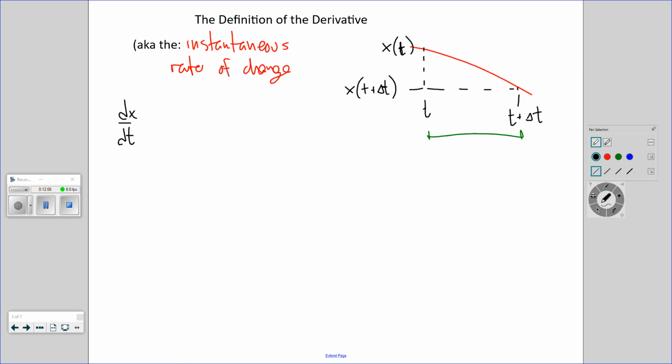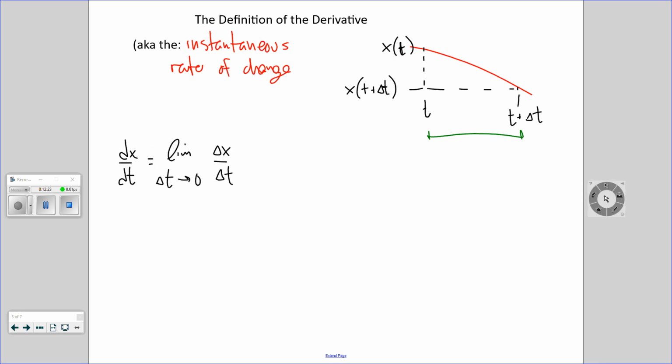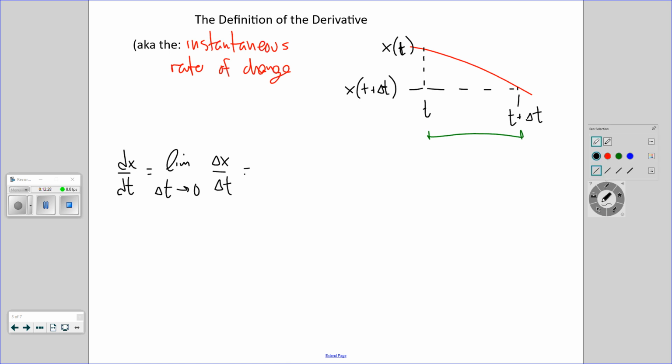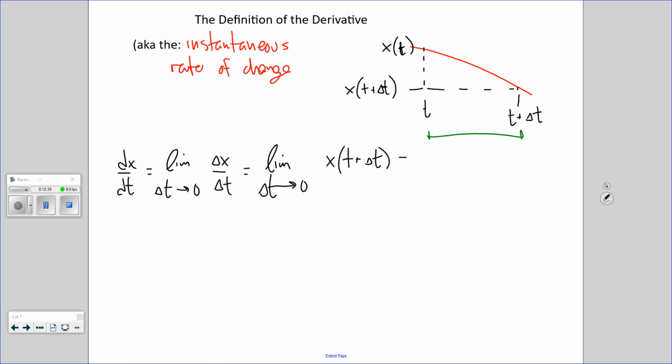dx/dt, that by definition is the limit as delta t approaches 0 of delta x over delta t. So what's delta x? Well, delta x is x final minus x initial, right? So that is, let me keep this, delta x is x final, t plus delta t, minus x initial at our original time, all over delta t.